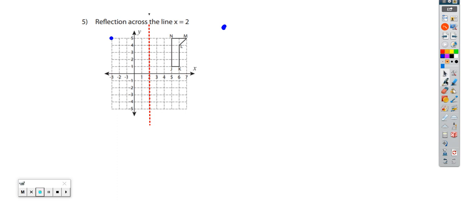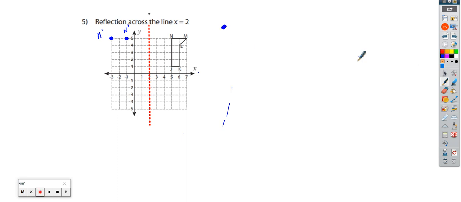That's going to be my M prime. And then N is just 2 away from the line, so that's N prime, 2 away.